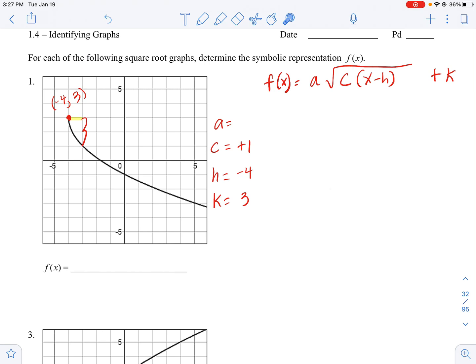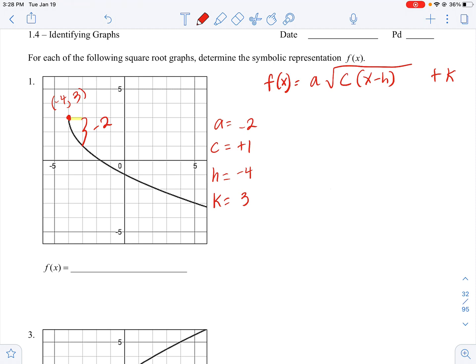Because the graph is traveling down. So I need to go down in order for me to reach the graph. Then you count how many times you travel. You traveled 2 times, and you traveled down, so that's -2. If I traveled up, my a would have been a +2. But I traveled down, so my a is -2.